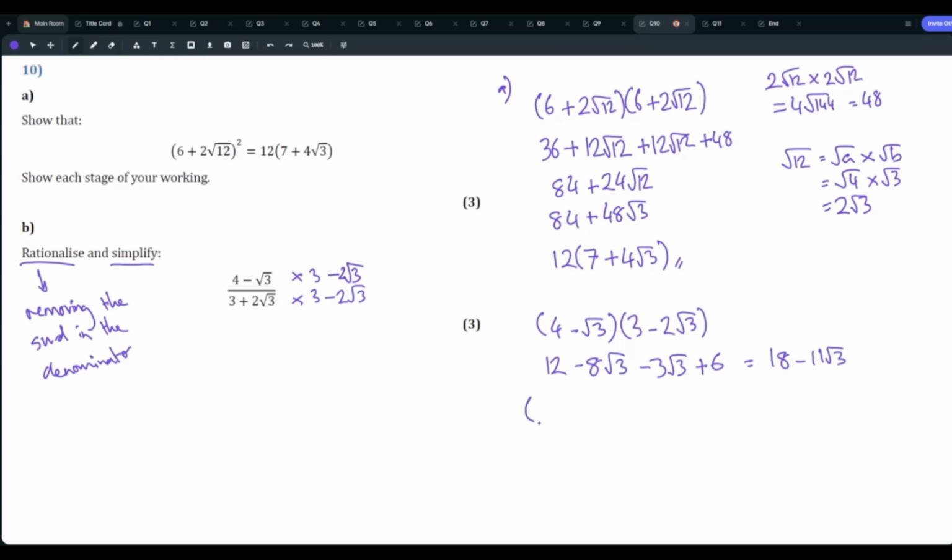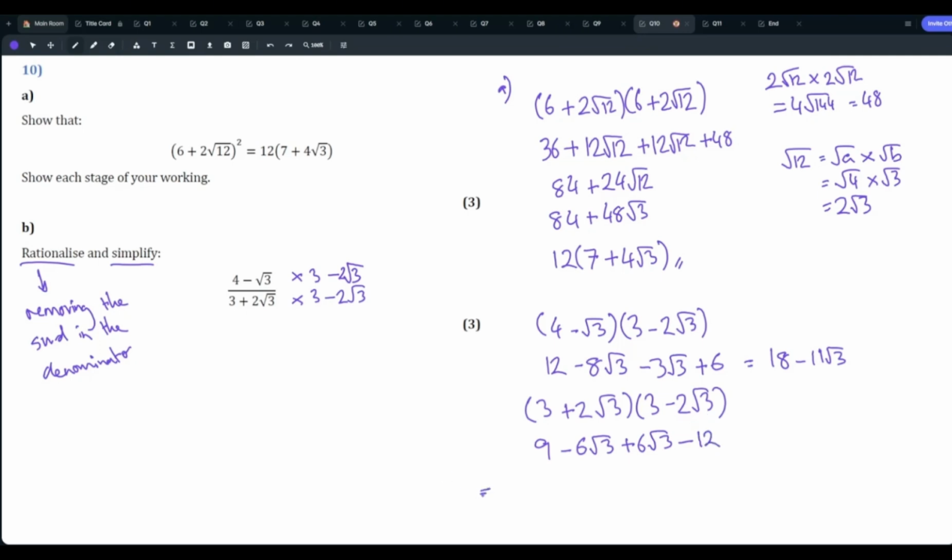And now I'm going to do the bottom. 3 plus 2√3 times 3 minus 2√3. So 3 times 3 is 9. 3 times negative 2√3 is negative 6√3, plus 6√3, minus 4 times √9, so that's 4 times 3, which is 12.